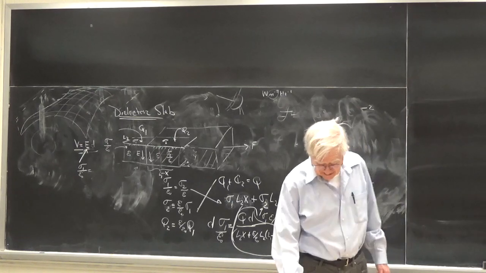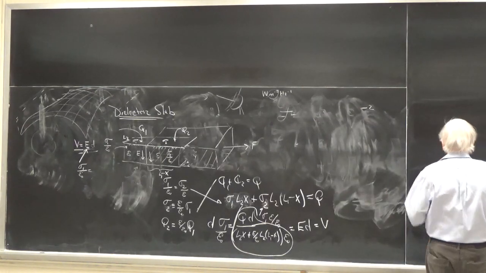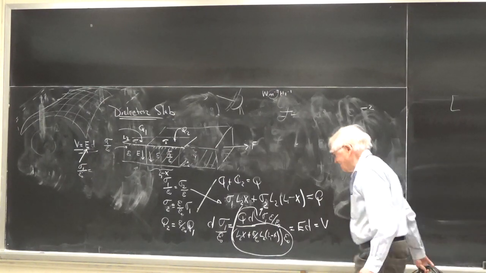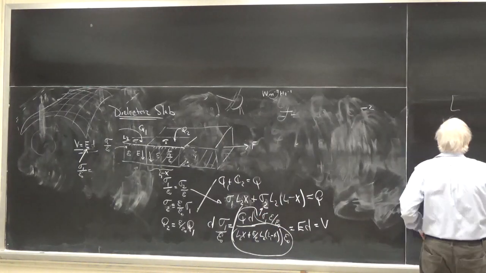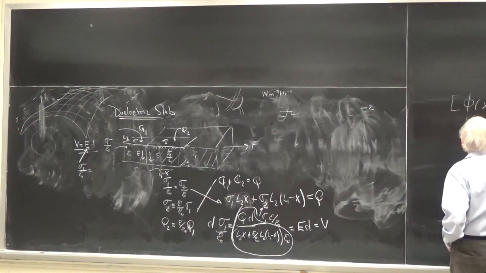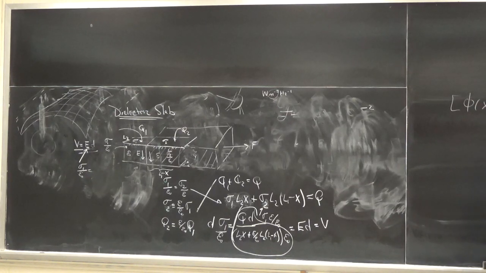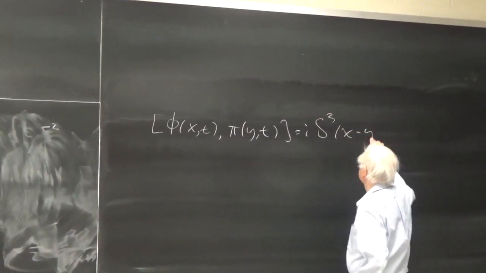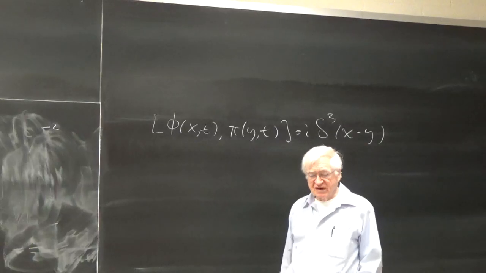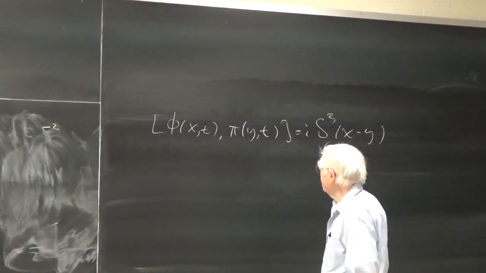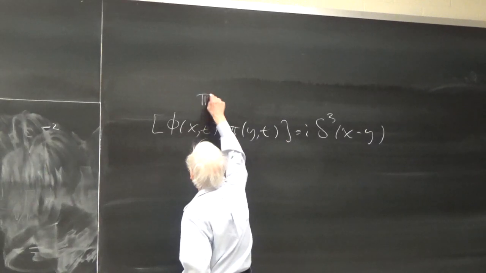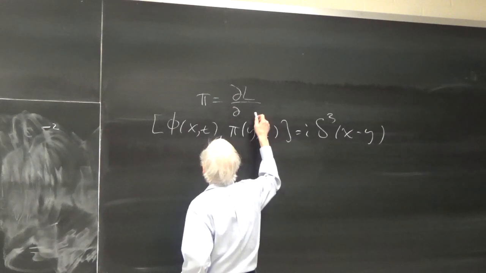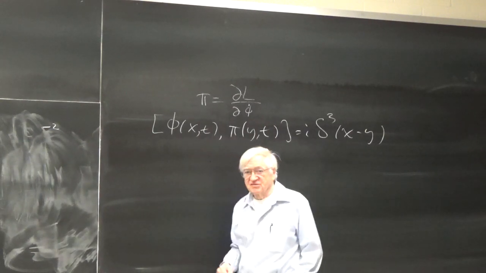That is to say, if you're in flat space, and if we're just talking about scalar fields for simplicity, what you're saying is that [phi(x,t), pi(y,t)] is i delta cubed of x minus y, where x and y are 3-vectors. This is in flat space-time. And pi, for a scalar field, is typically the partial derivative of the action density with respect to the time derivative of the field. Okay?